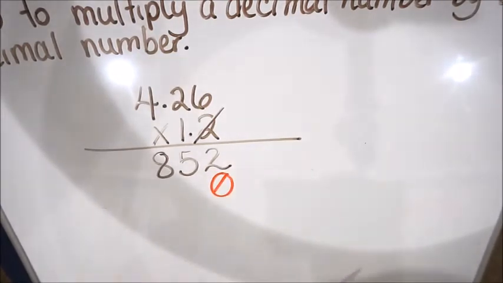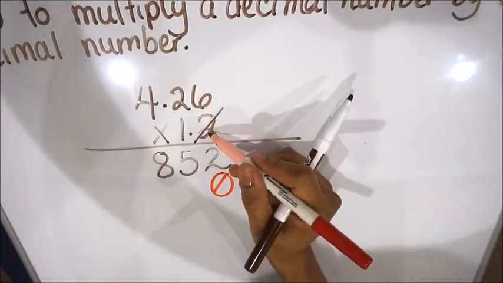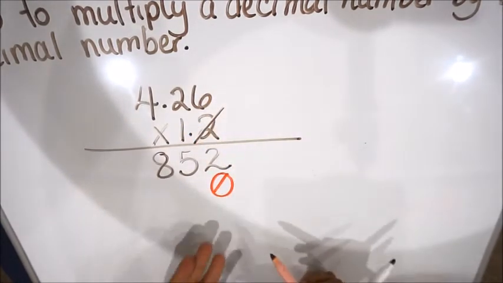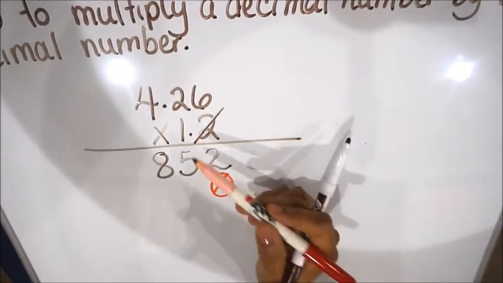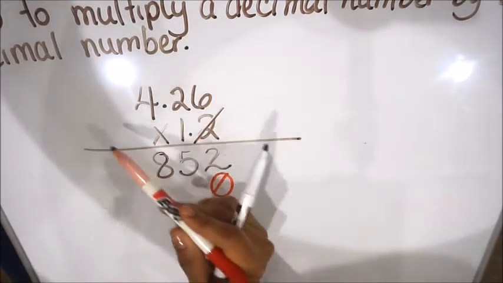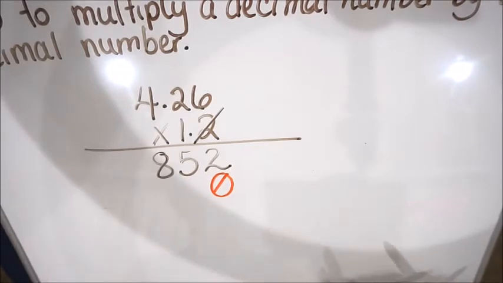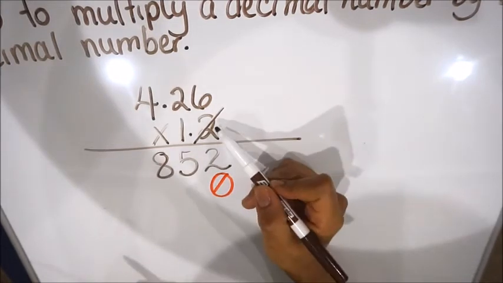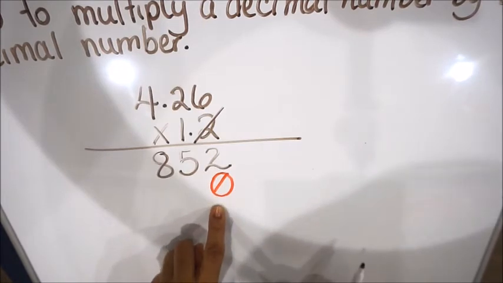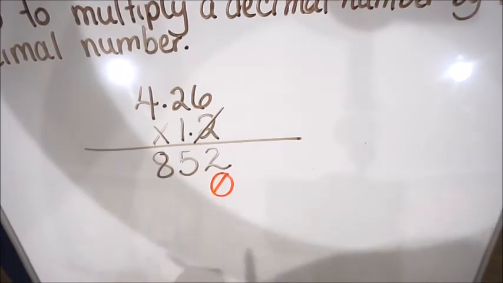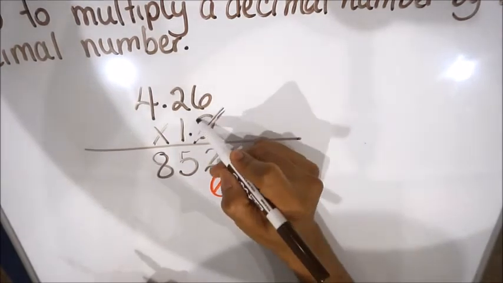The reason why I'm writing my placeholder right under my 2 is because I already used this 2 in the tenths place to multiply. If I did not put a placeholder here, whatever I multiply 1 by, my answer would start right where the 0 is, and then my answer will be incorrect. So whenever I'm finished using a particular number, I am putting my placeholder here, which is a 0. That tells me that I already used this number 2.